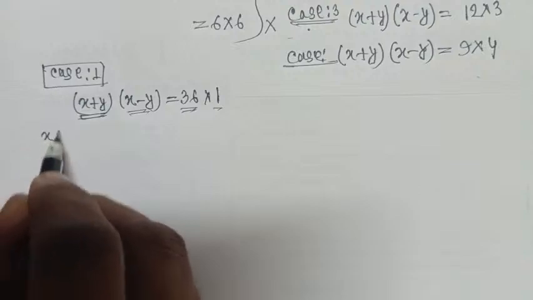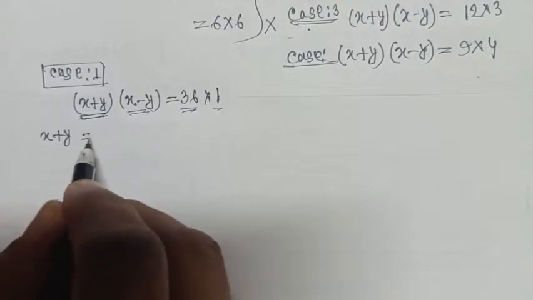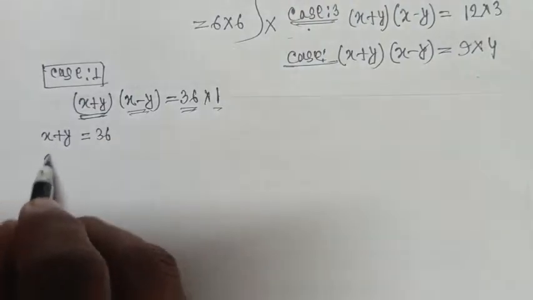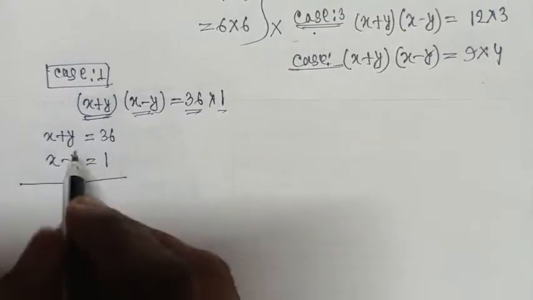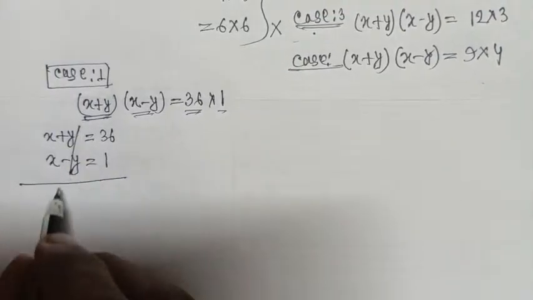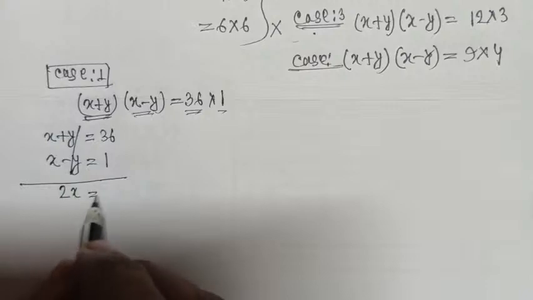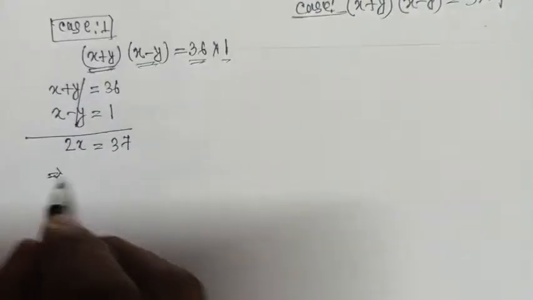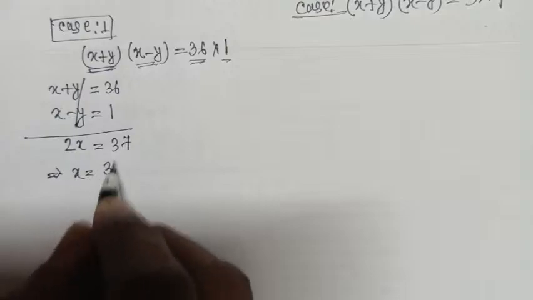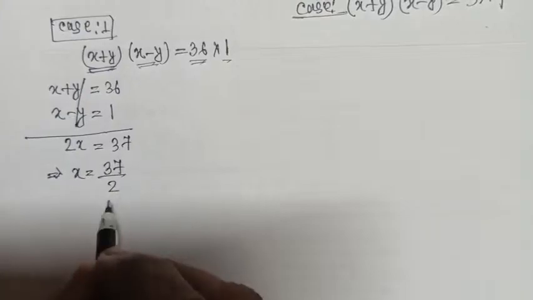Then it should be x plus y is equal to 36 and x minus y is equal to 1. Now if we add, this will cancel out. We get 2x is equal to 37. Then x is equal to 37 by 2. So this is a fractional number, not a real number.